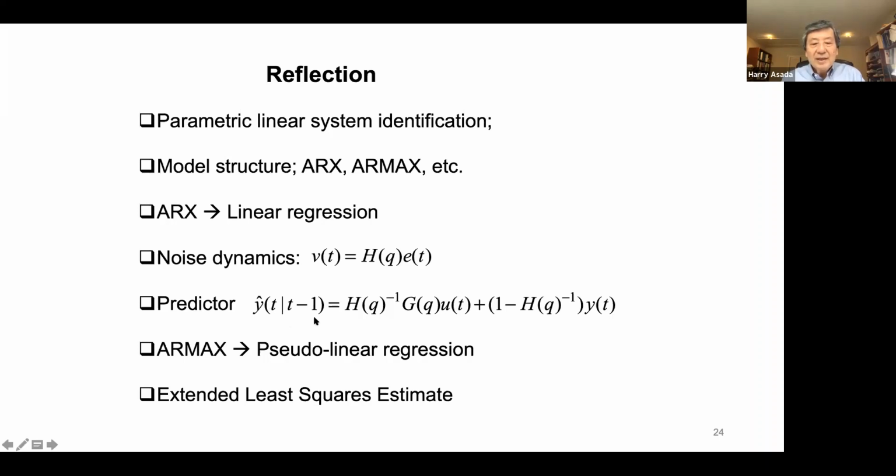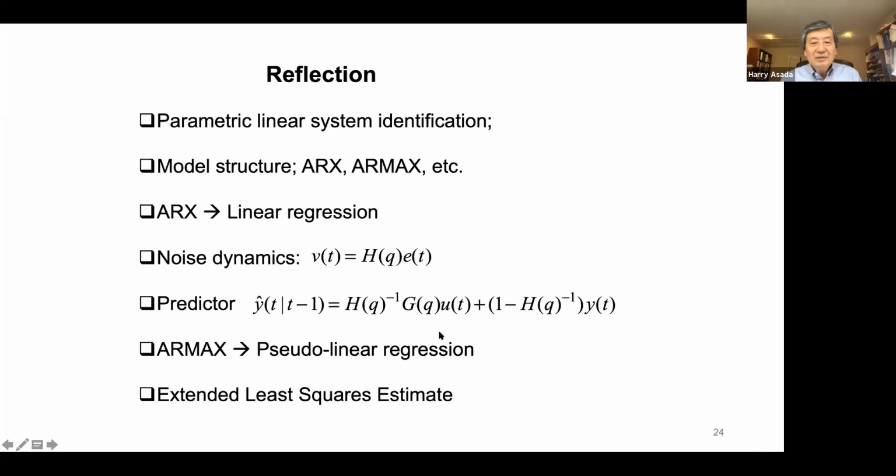And this is based on the parameters involved in both the G(q) and H(q) transfer functions. Unfortunately, however, for such ARMAX system identification, it turns out that the parameters are not linearly involved in here, but instead the best we can do is pseudo-linear regression.